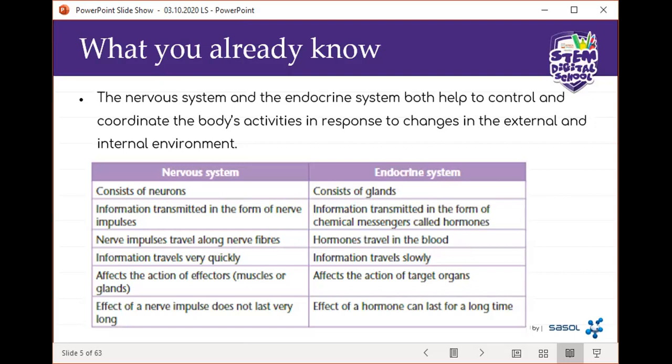Lastly, in the nervous system, the effect of a nerve impulse does not last very long, as an example the reflex action. But in the endocrine system, the effect of the hormone lasts very long. These are important differences between the nervous system and the endocrine system that we should note.